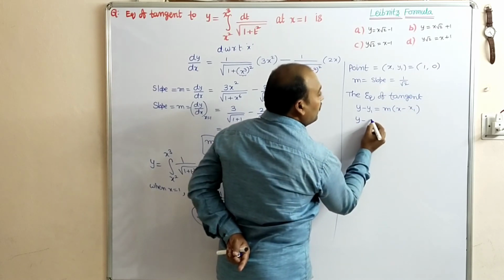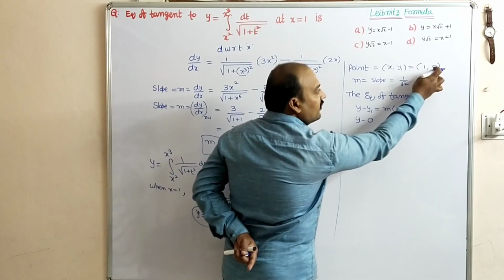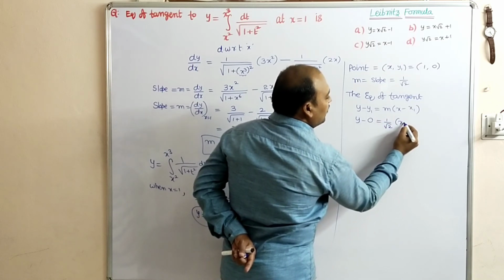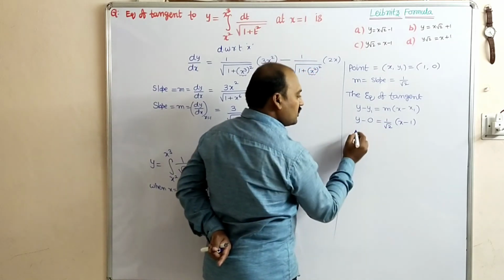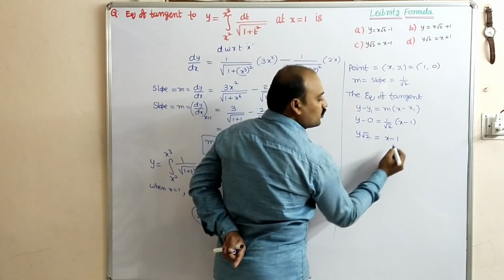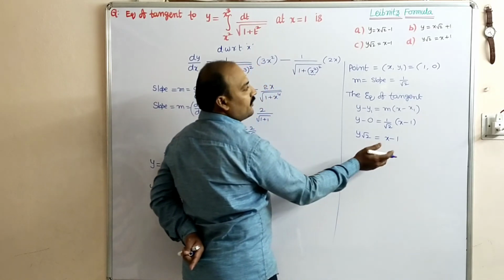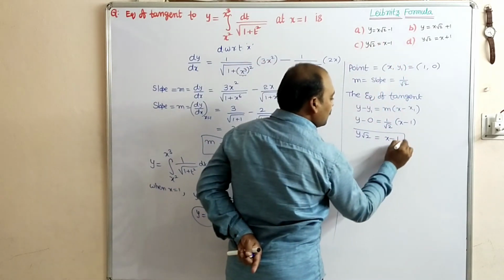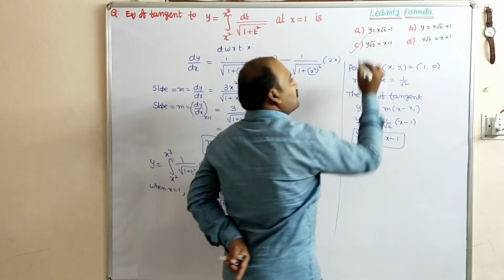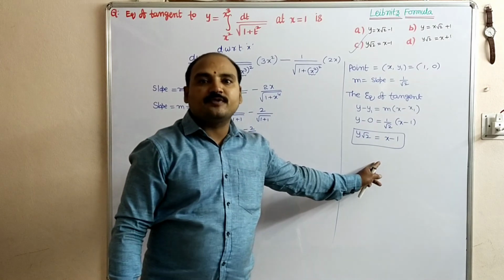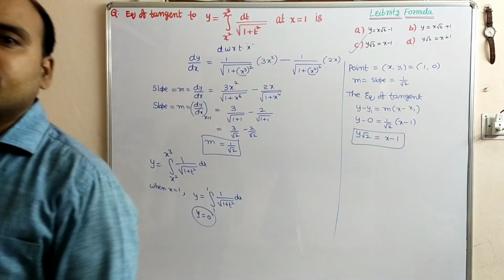So y minus y1 value is 0, m value is 1 by root 2, into x minus x1 value 1. Cross multiply: y into root 2 is equal to x minus 1. Exactly this answer is there in the third option: y root 2 equal to x minus 1. This is the required equation of tangent.